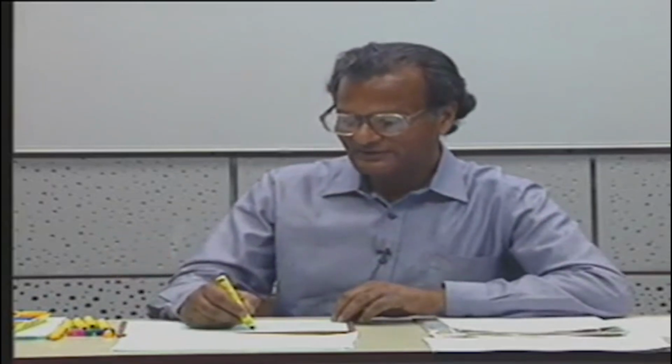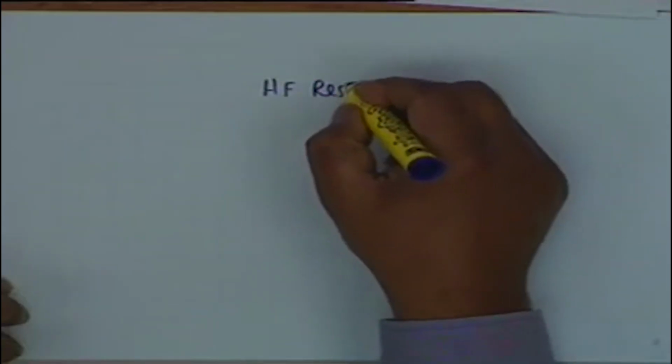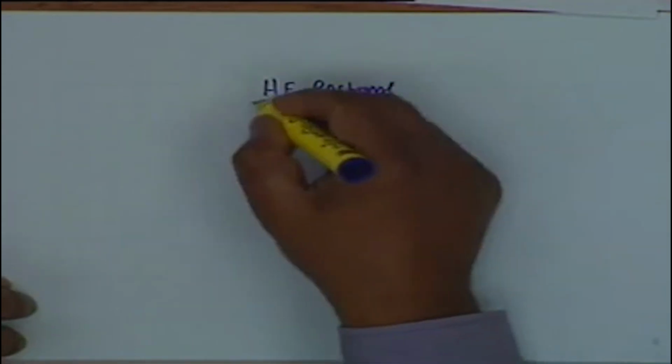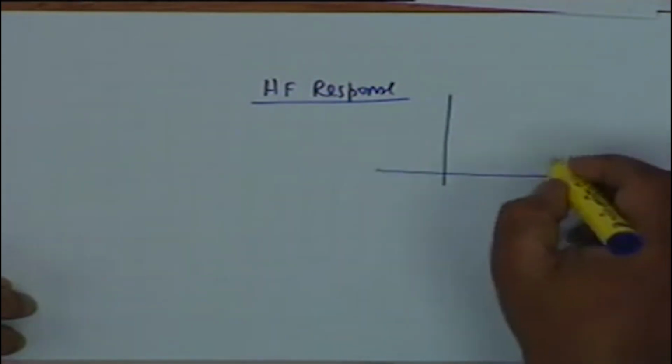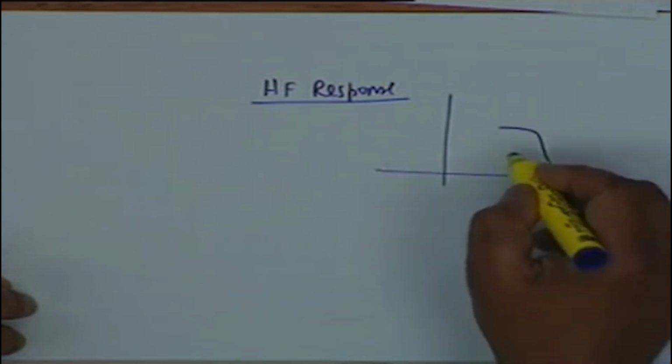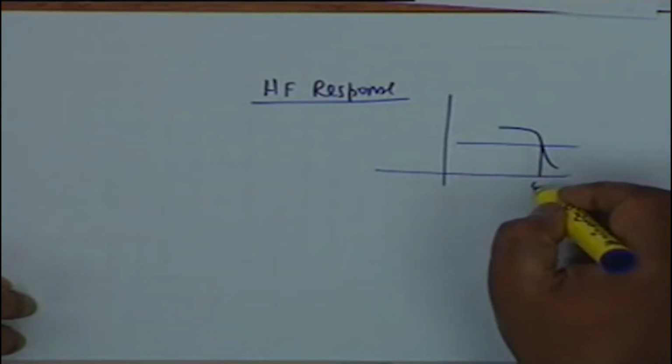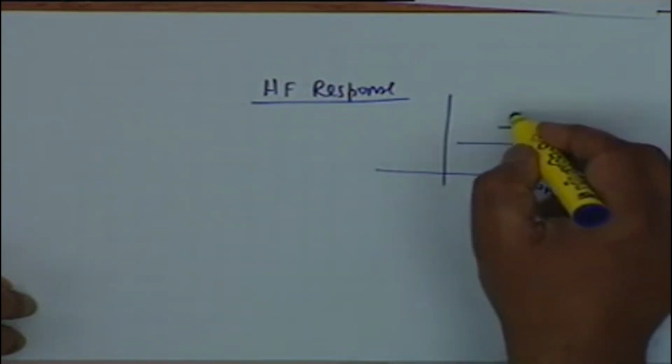Alright. Now so far so good about mid-band and low frequency. What do we do at high frequency? How do you determine the high frequency 3 dB cutoff? At high frequency, as you remember, omega H, and this is A0.